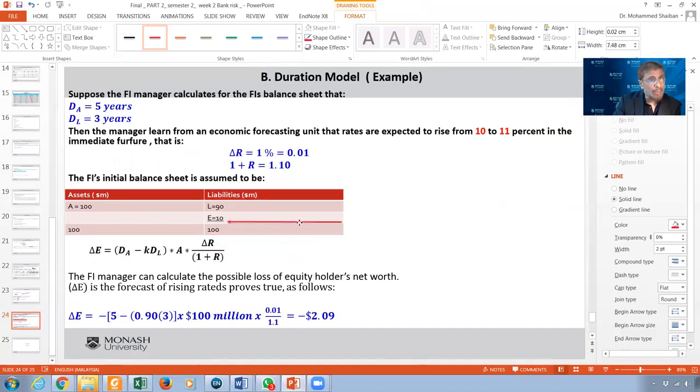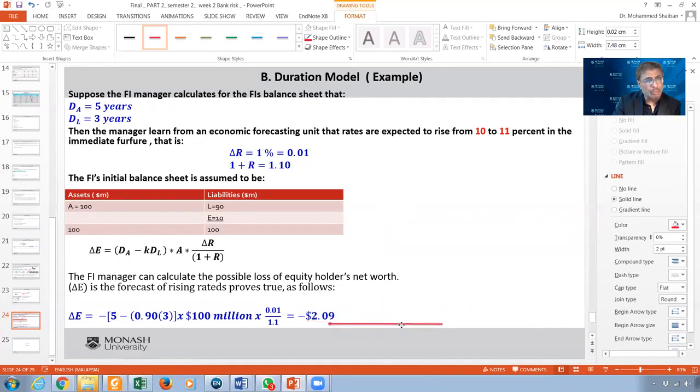If I take these numbers from the balance sheet, the duration of assets is 5 coming from here, minus the leverage, which is 90 over 100, times 3, which is the duration of the liabilities, times 100, which is the total assets, times the change in interest over 1 plus the interest, 1.1.